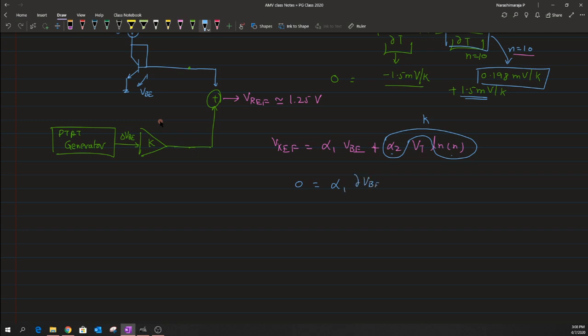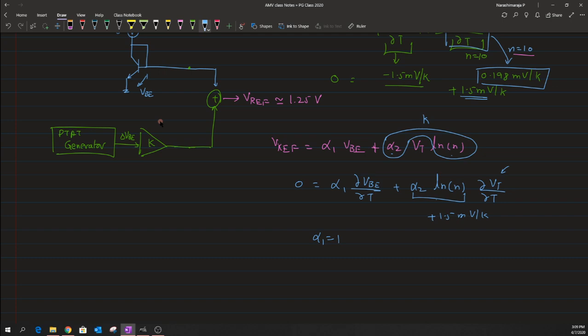So what I really mean is that the same expression, I'm just repeating it to ensure that you are all understanding it. Yeah. So what I have here is this quantity which is completely in our control, and there is a term which is delta Vt by delta T. Okay. So this is the quantity that I have, and basically we just want to evaluate what the magnitude of this quantity is supposed to be such that when it gets multiplied with this term, it results in a positive value of 1.5 millivolt per Kelvin, provided that I assume alpha 1 is equal to 1.